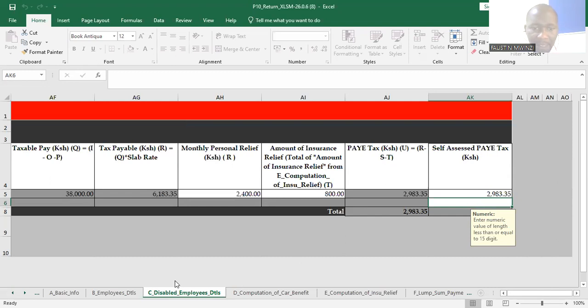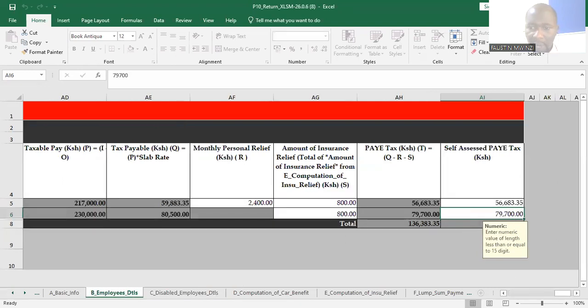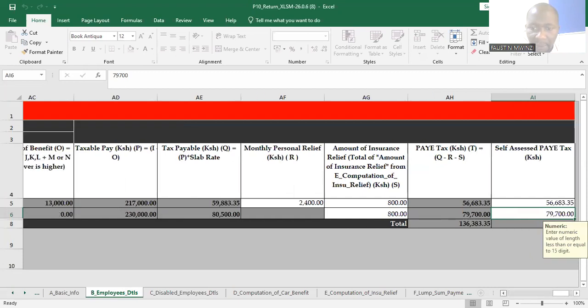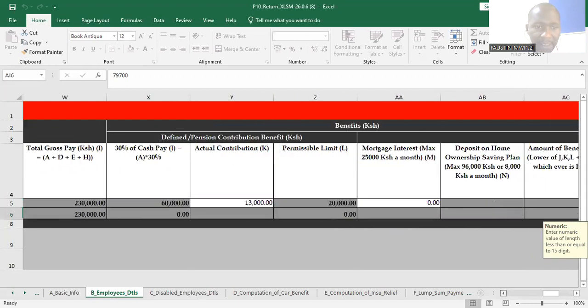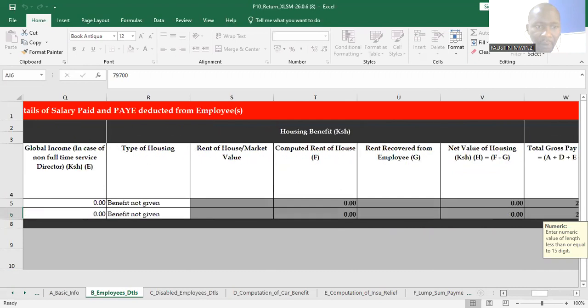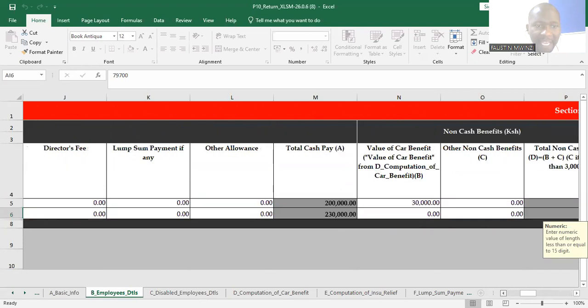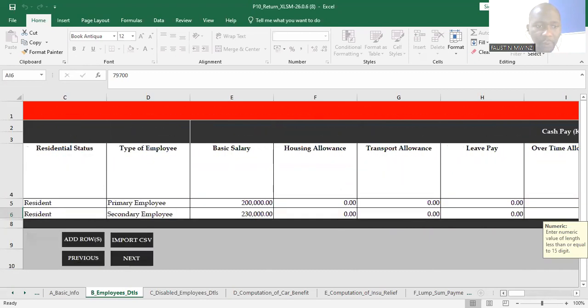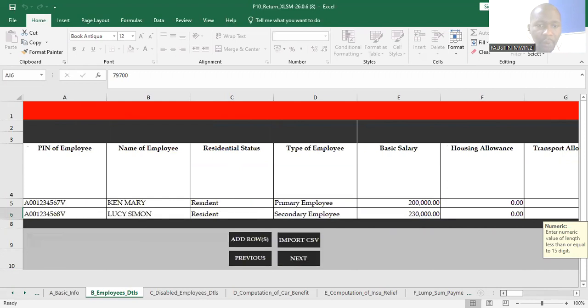I need to mention something before we leave. Now, we're in the basic for ordinary employees, I mean those ones without disabilities. We have entered only 2. Now look, if we are assuming 3 employees, if we had 4, we would come here, add rows, keep on adding rows.